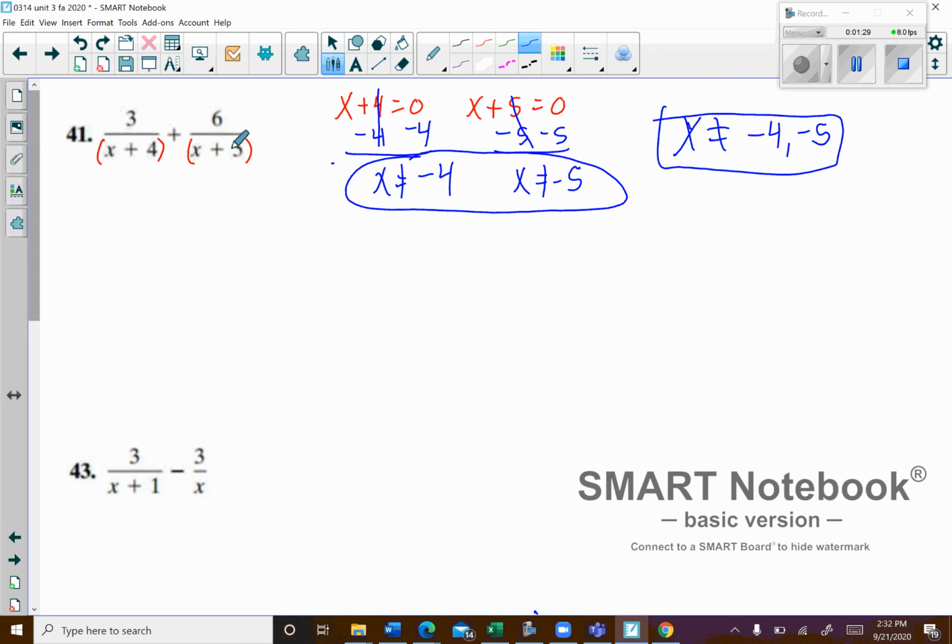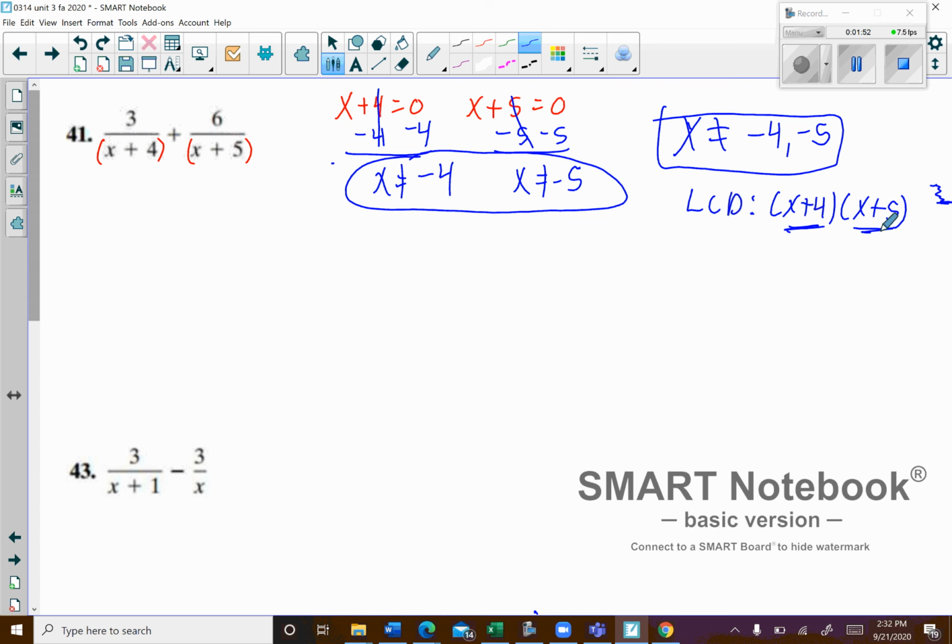X plus 5, they're together. They're their own factor. So my LCD here is actually going to be X plus 4 and X plus 5. They're each their own little piece of the LCD here.